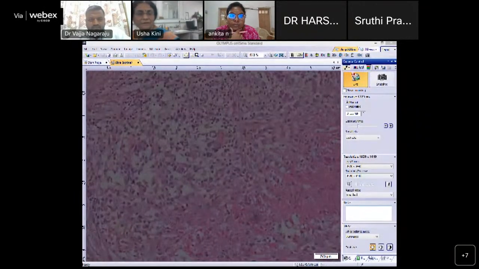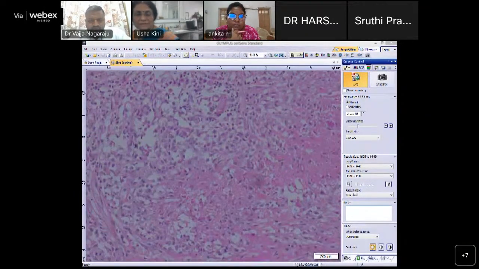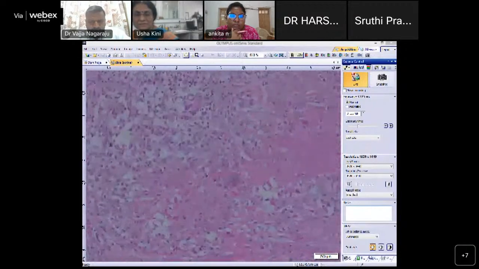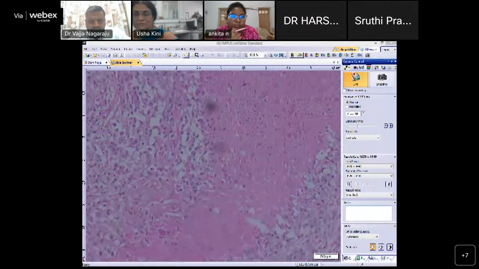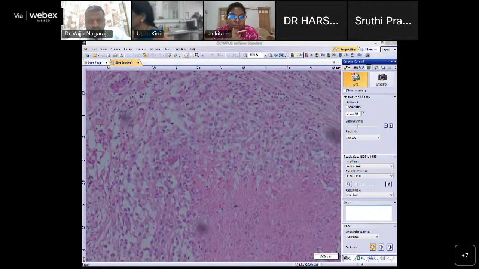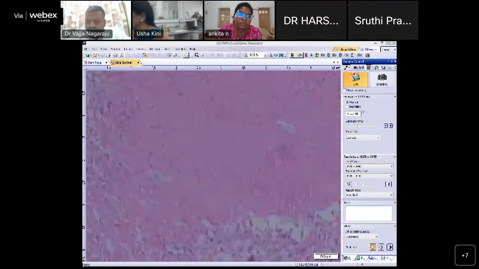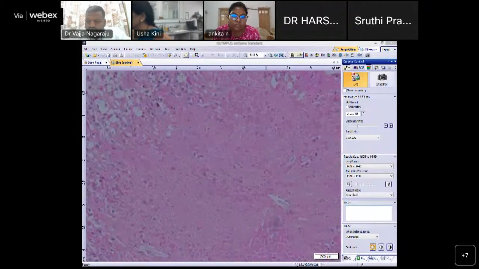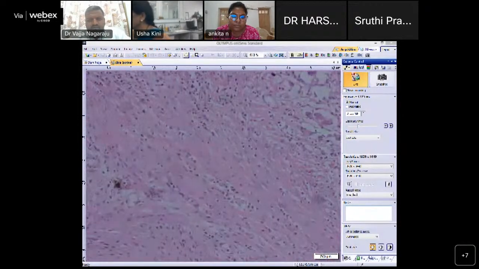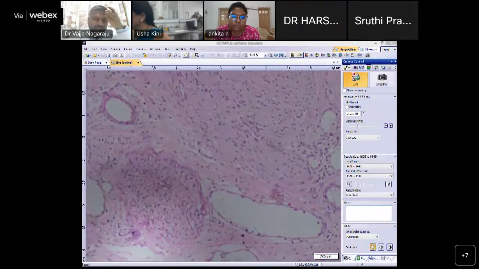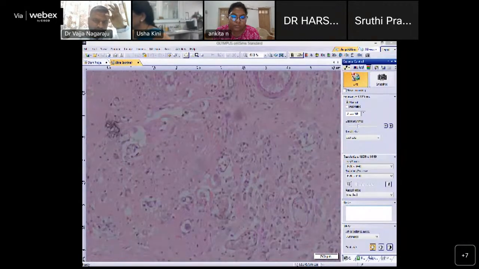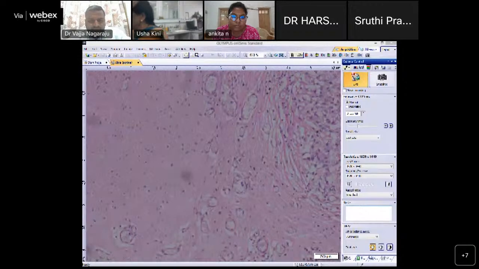With necrotic material. I don't see the vessel wall. I see only the necrotic stuff in the center. Yes, ma'am. So it is not vasculitis. Then what is it, if it's giving rise to so much necrosis? Infective etiology, tuberculosis. Tuberculosis. But why coming from outside?